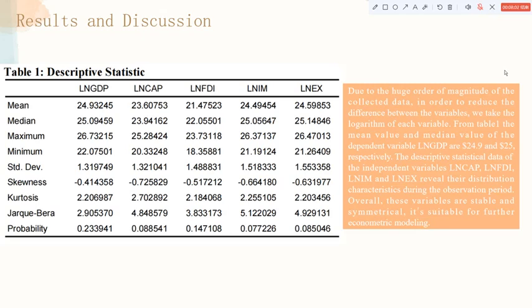The descriptive statistics of the independent variables log CAP, log FDI, log import, and log export reveal their distribution characteristics during the observation period. Overall, these variables are stable and symmetrical. It is suitable for further econometric modeling.